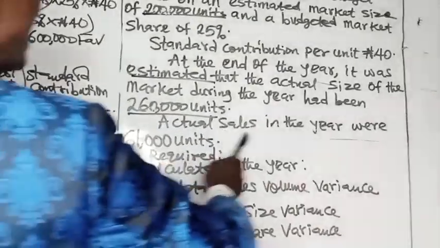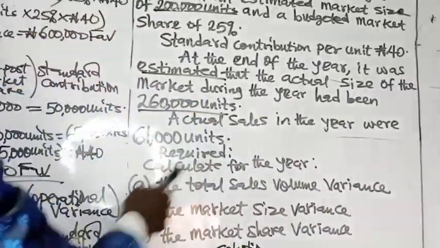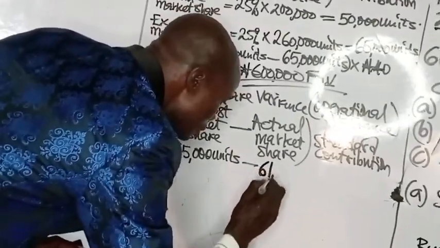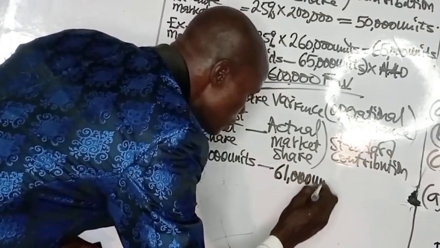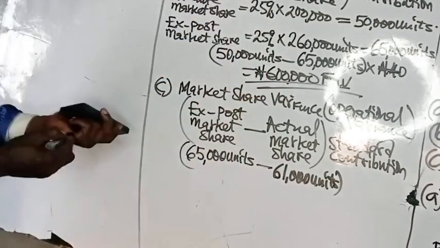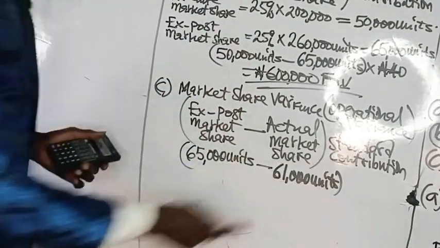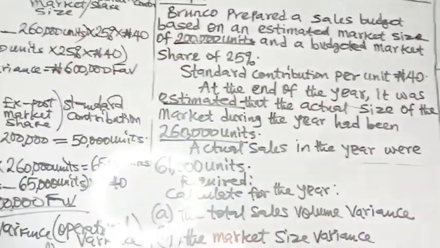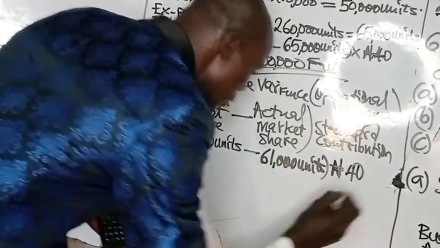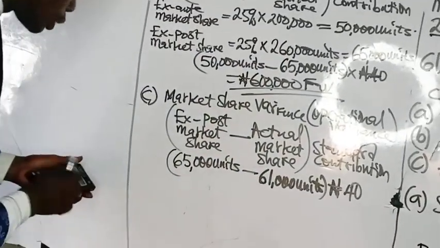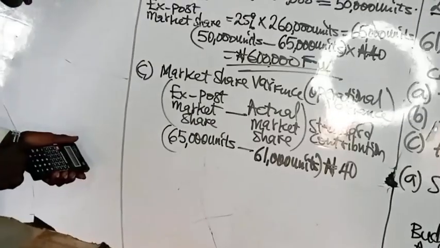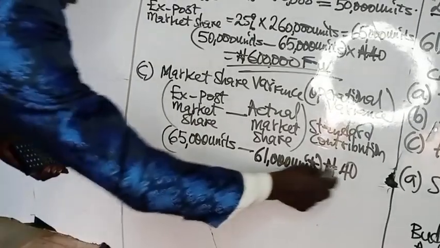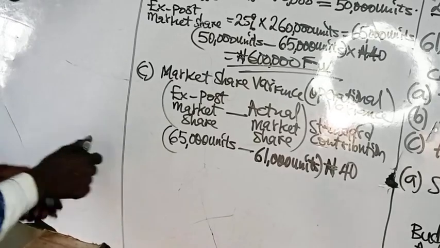The actual sales in the year were 61,000 units. Multiplied by the standard contribution per unit, which is 40 naira. 65,000 minus 61,000 will be 4,000. 4,000 times 40 will be 160,000.